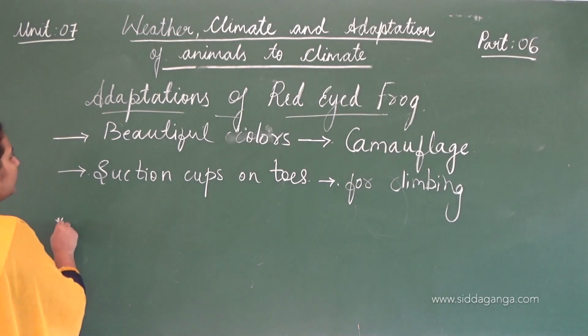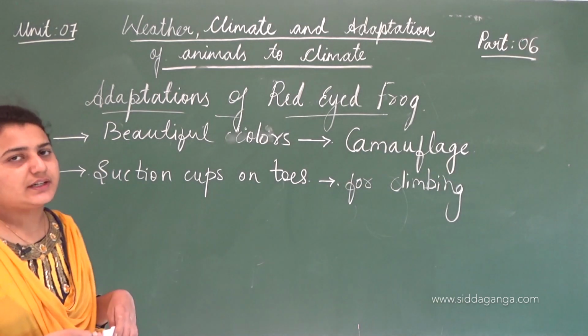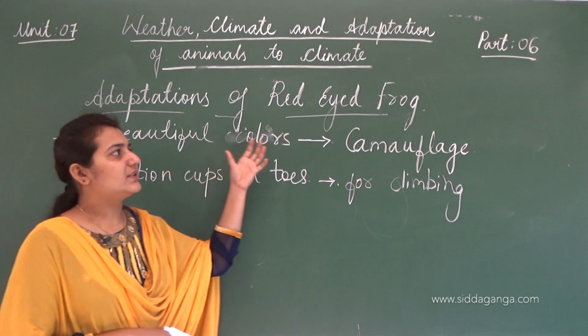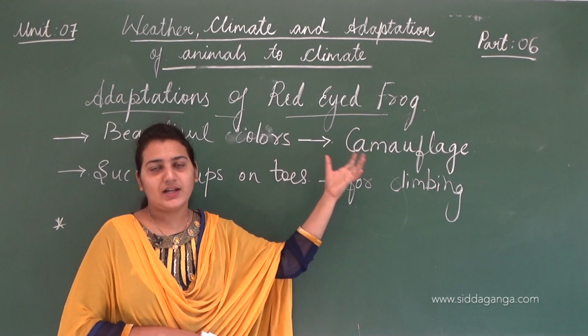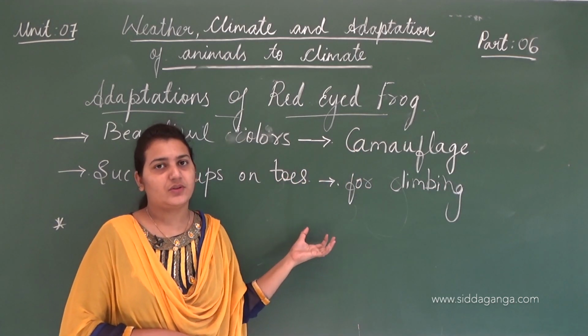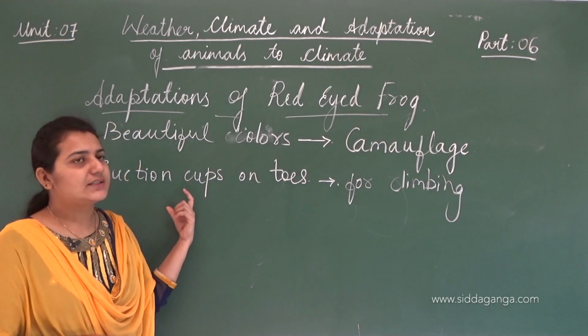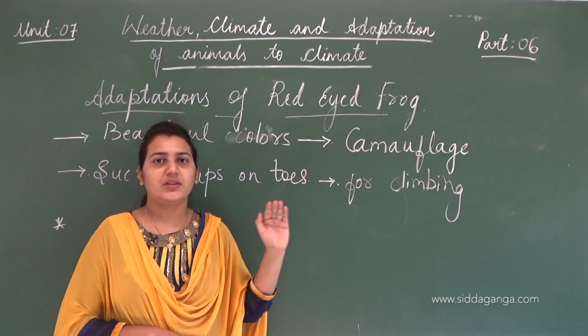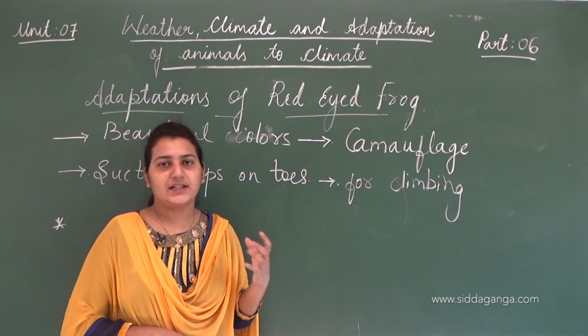So this is about the adaptations of the red-eyed frog. Remember these two points: this red-eyed frog can camouflage due to the different colors it is found in, and it also has suction cups on its toes, which make it stick to the surface on which it is climbing.